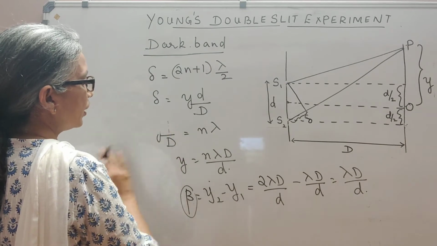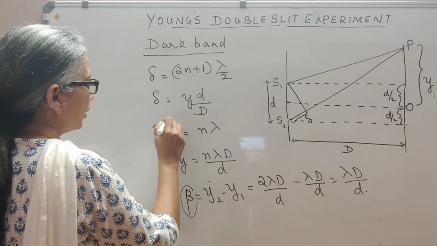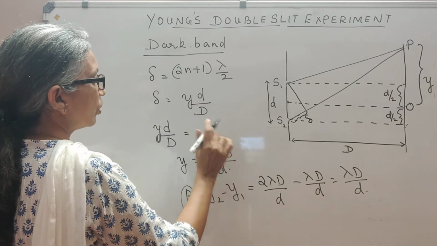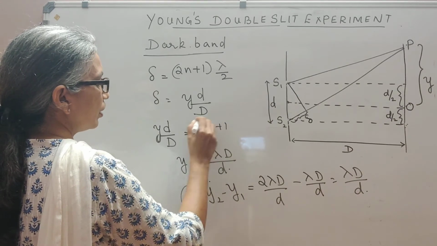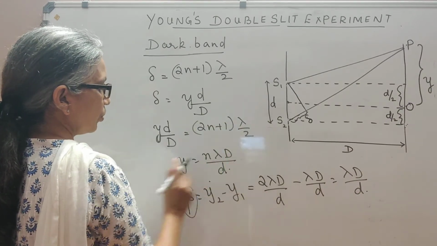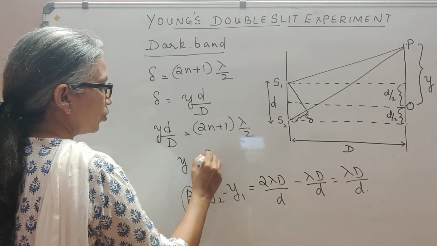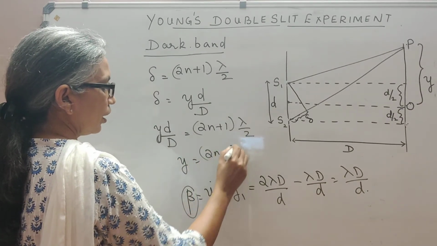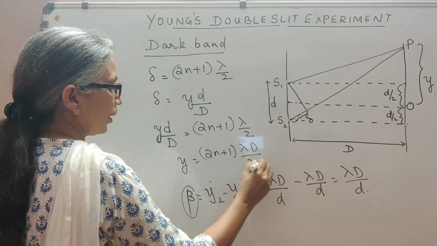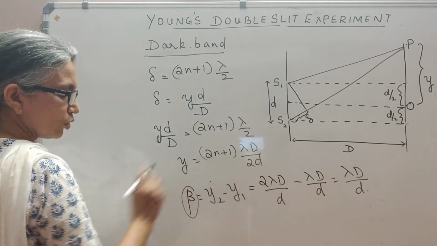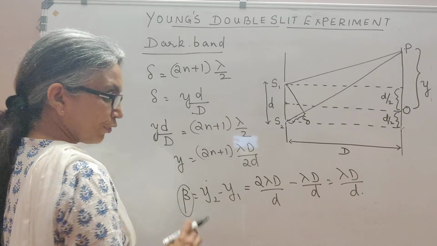So I may now write yD by capital D is equal to (2n plus 1) lambda by 2, or I get this y to be equal to (2n plus 1) lambda D by 2d.